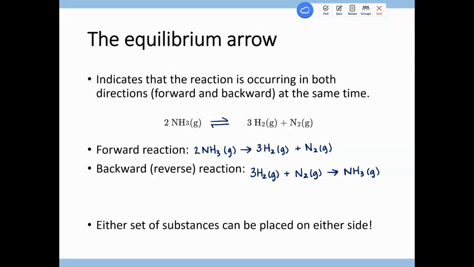But either set of substances can be placed on either side, but if you switch the locations of NH3 with H2 and N2, then that switches what we describe as the forward reaction and what we describe as the reverse reaction. So it's all relevant or dependent on how the equilibrium equation is written out.